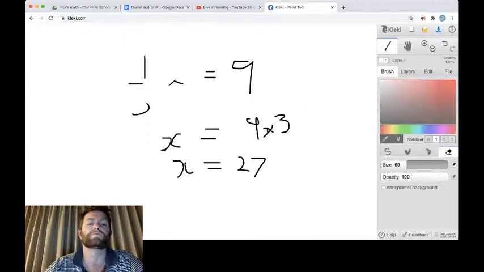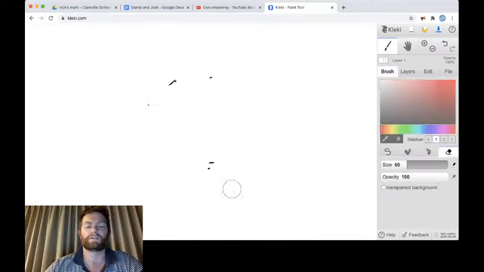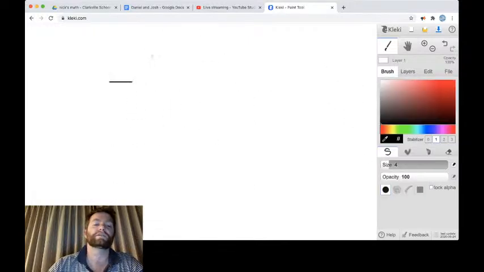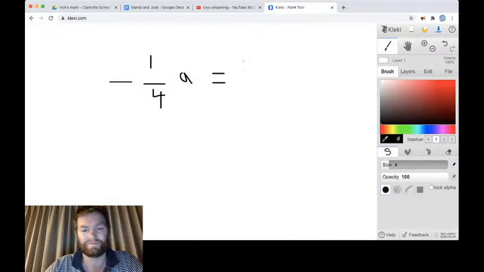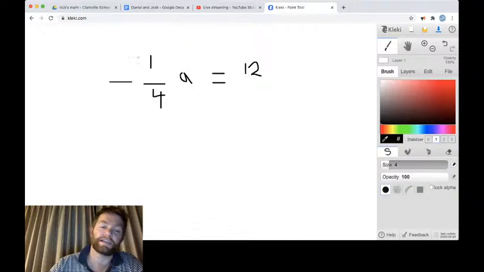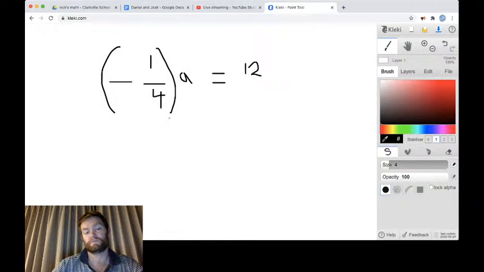And of course, when multiplying, if one of them was negative, I might be rushing this, but I'm trying to keep my video short. Negative 1/4 A equals 12. Now this is a negative fraction. And when you're multiplying by a negative number, it stays negative.